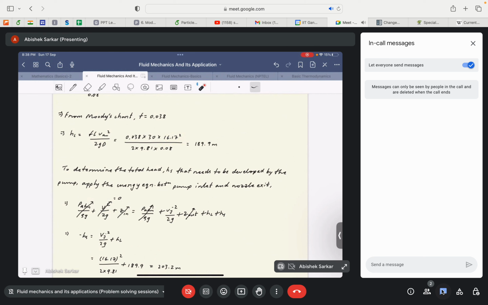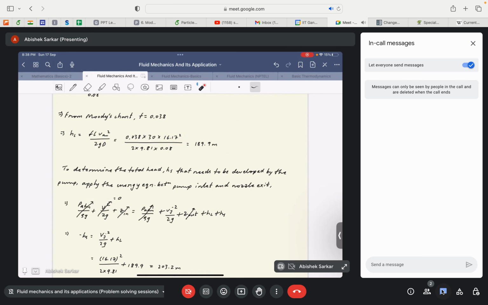This is the velocity that we need to supply in the pipe. Since it depends on the square, it exponentially increases the head required in the pump to overcome the frictional losses.